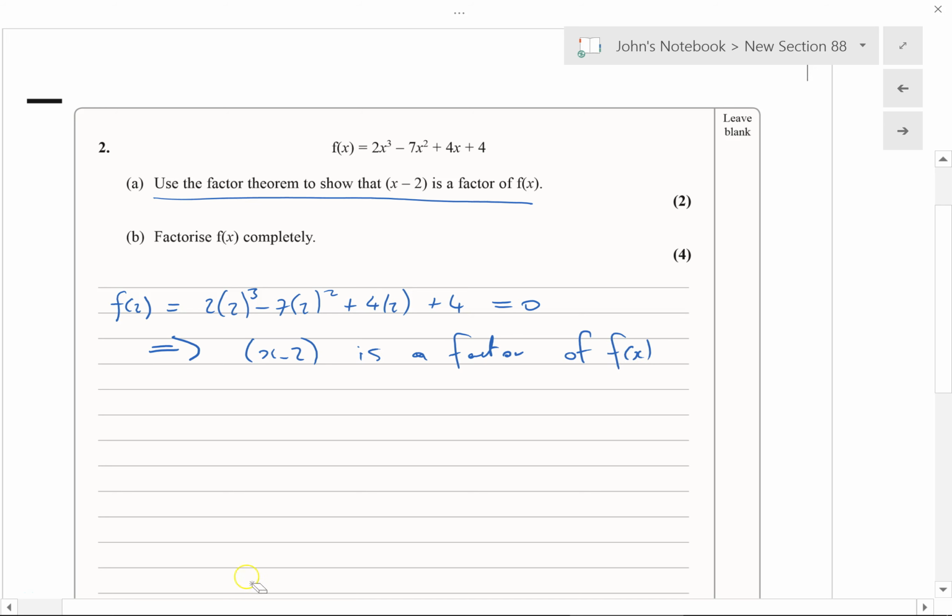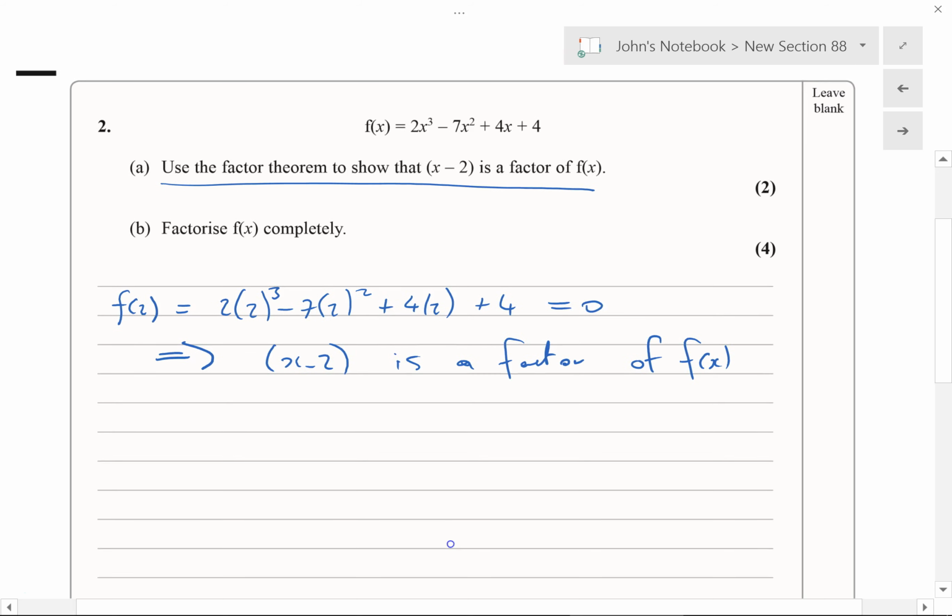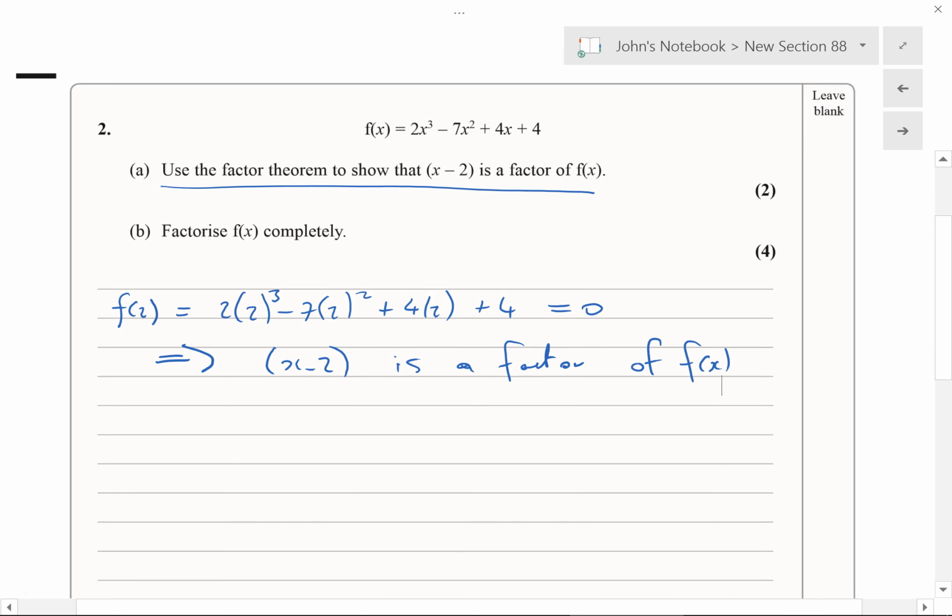Okay, so it doesn't get much easier than that. Right, then part B is to factorize completely. So we know that x minus 2 is a factor.